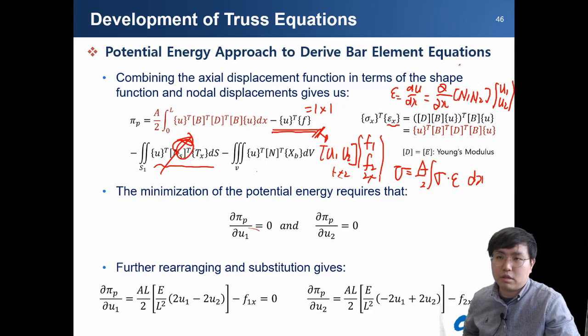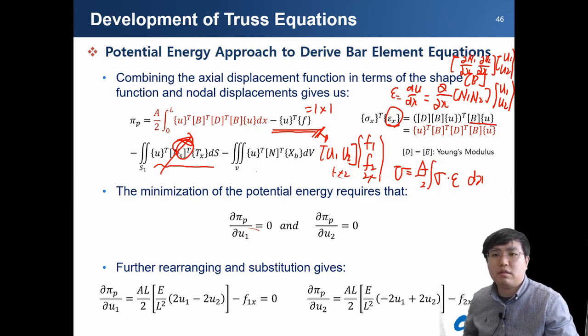This part becomes N1, N2, but u1 and u2 are not functions of the axis, so this part becomes the B matrix. I already mentioned that. So this strain is the multiplication of the B matrix and the displacement values at the nodal points.